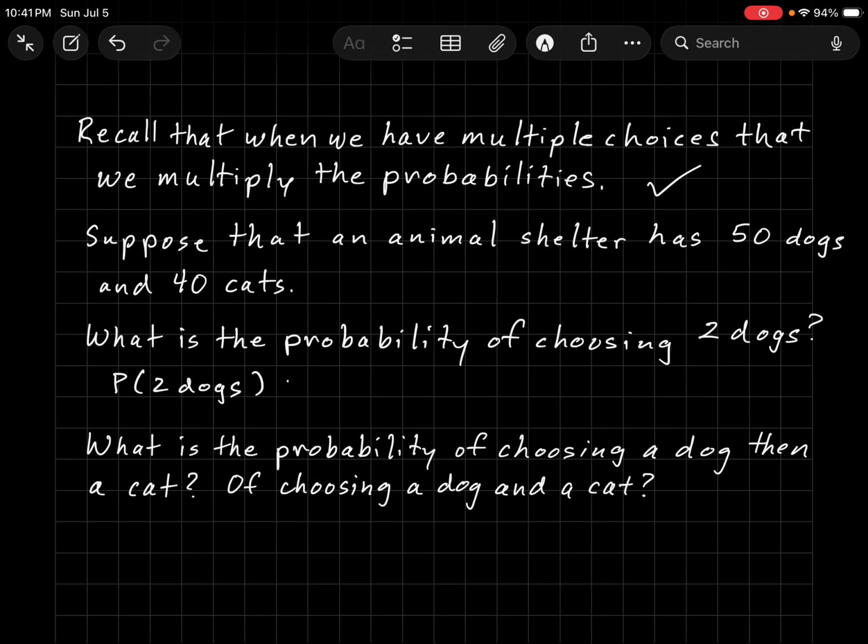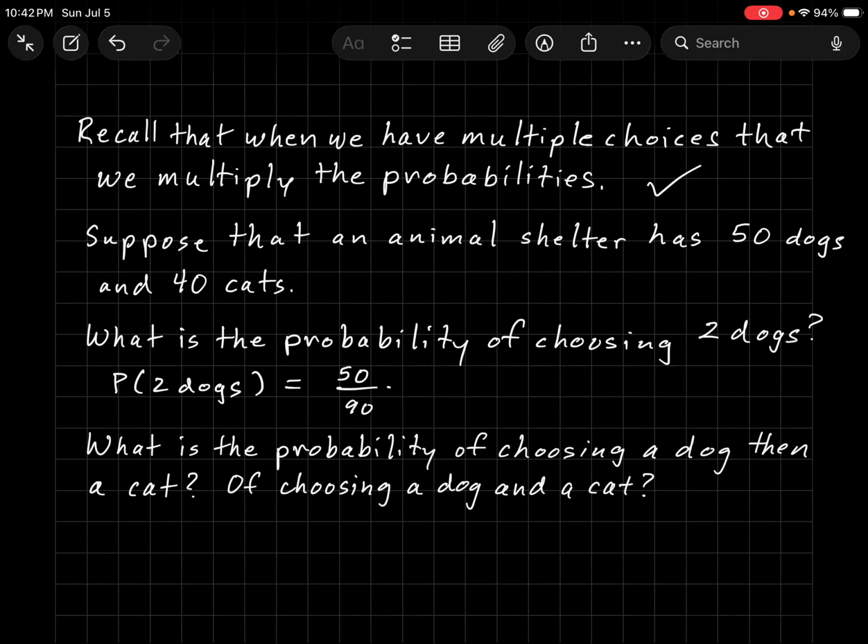Well, even if we chose them at the same time, mathematically we can pretend that we chose them one after the other. So I'd say, what is the probability of choosing a dog first? Well, of course, it's how many dogs out of how many total animals there are. Now, my second event or second choice means I'm going to multiply.